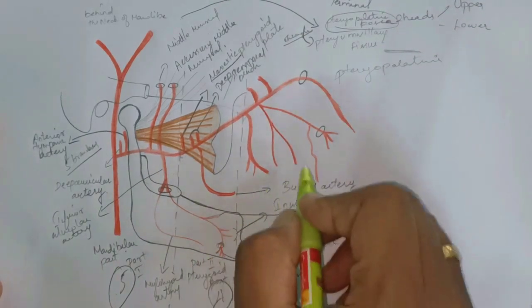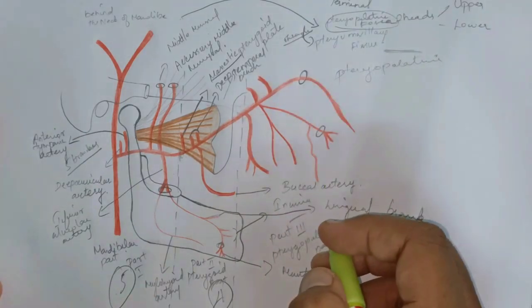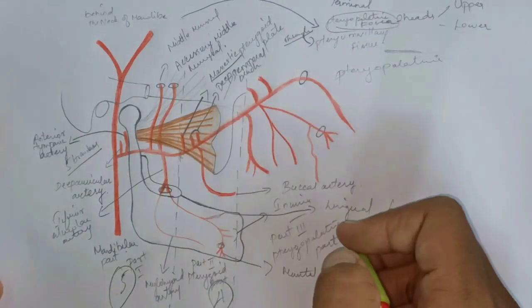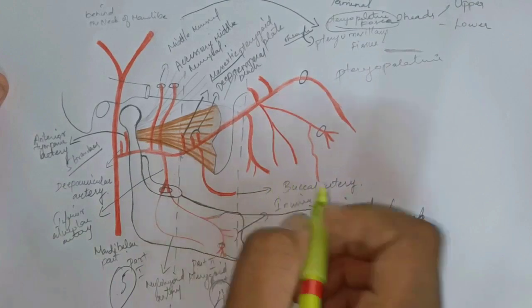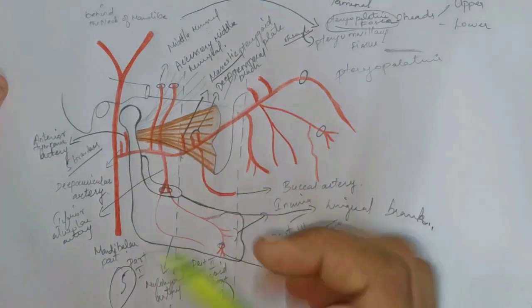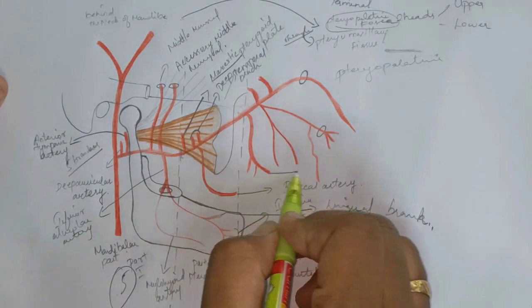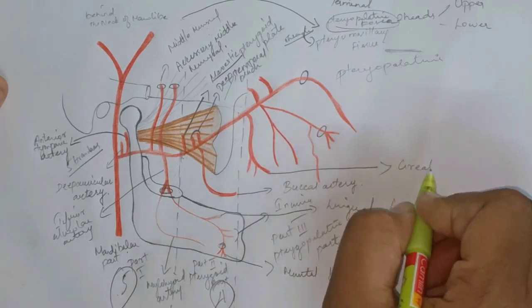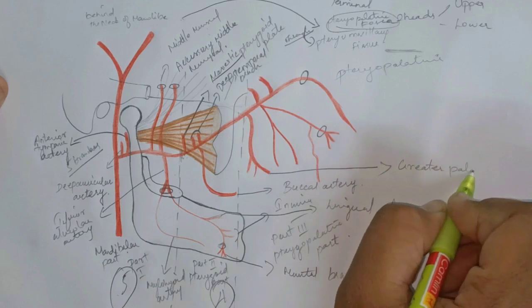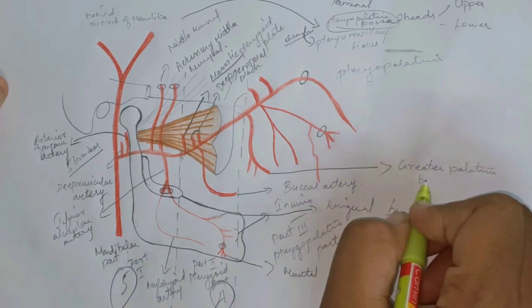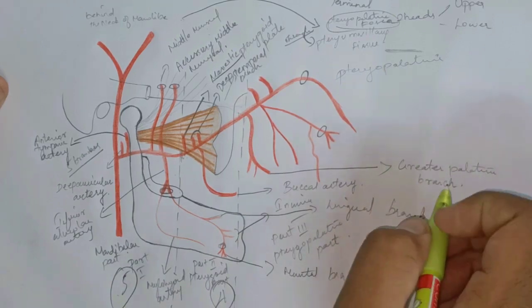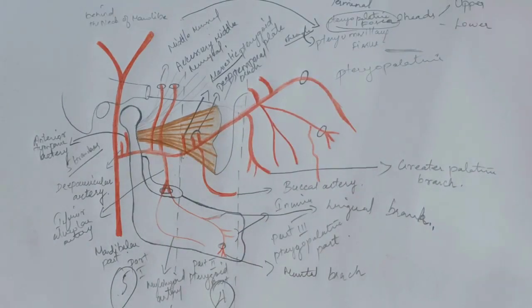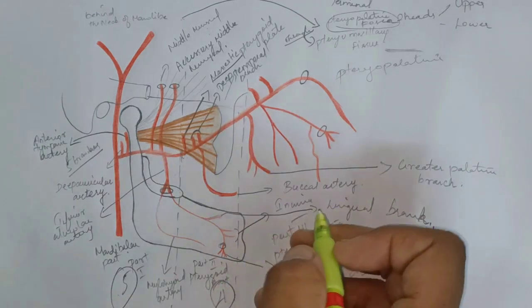See, let us go from down to up. In the third part, the pterygopalatine part, your first branch is this one, that is your greater palatine artery. You have seen greater palatine in upper posterior tooth extraction, you will give a GP block in the palatal region. Okay, the same thing, but here it is the greater palatine artery.